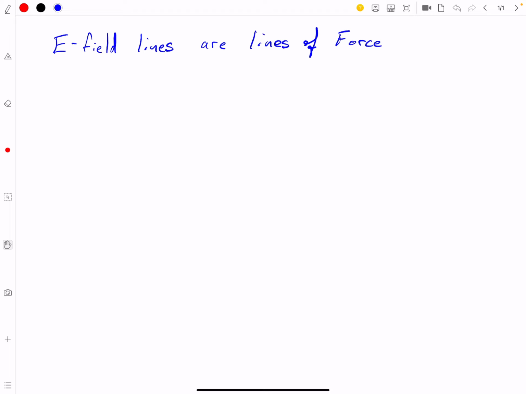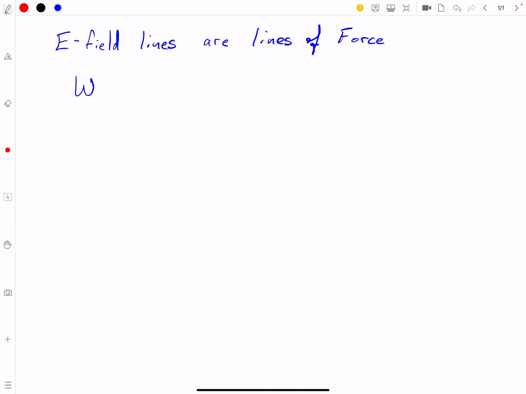We can see that our work is equal to F D cosine theta, which equals KQ over R squared times D cosine theta.